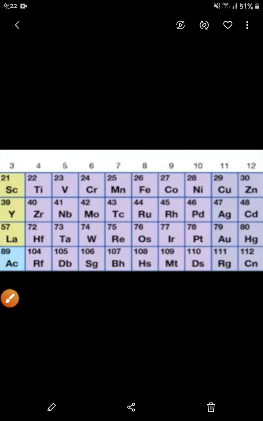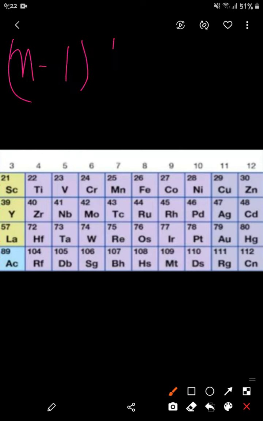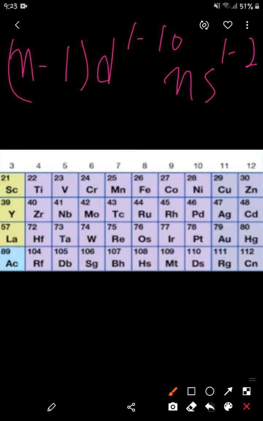Again, to understand it more clearly, first of all I am going to tell you the general electronic configuration of d block elements, which is (n minus 1)d 1 to 10 and ns 1 to 2. This is the general electronic configuration of the d block.